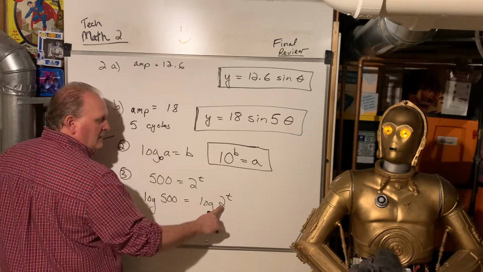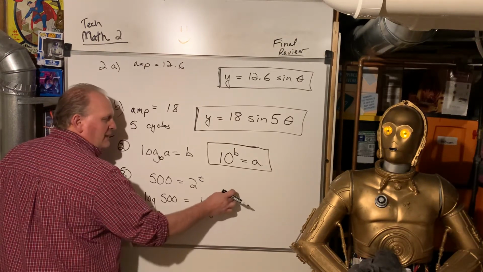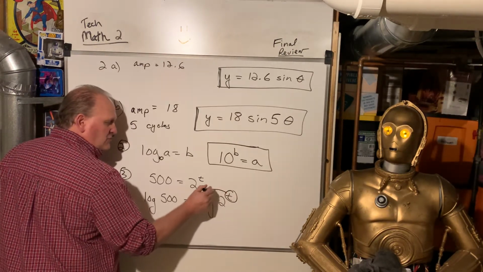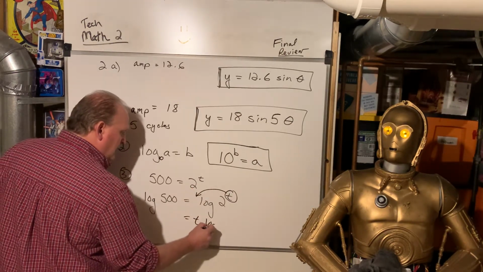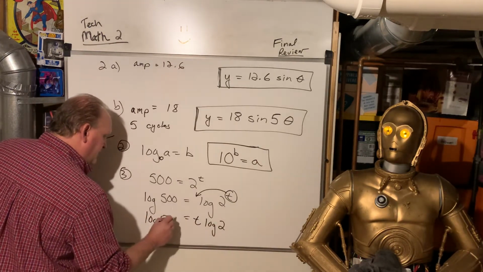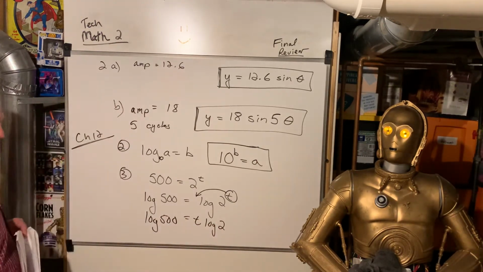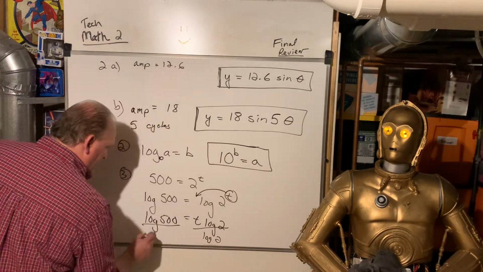When you have log to a base, not log base 10 to a number, whatever power you have there can be dragged down in front. So now we have t log 2 is equal to log 500. And now we're one step away from being done. We divide both sides by log 2.